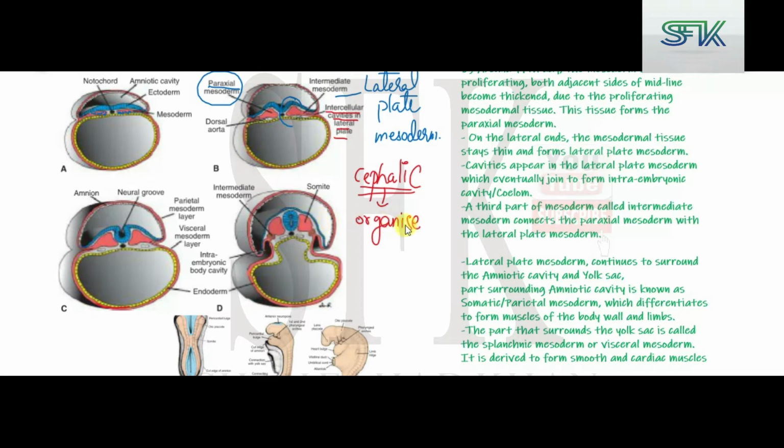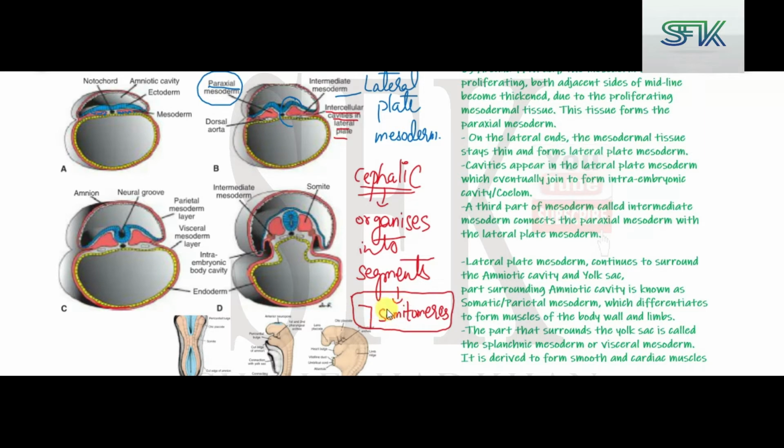The paraxial mesoderm organizes itself into segments, which are known as the somatomeres, at the head region of the embryo. Basically, 7 somatomeres are made in the head region of the embryo.